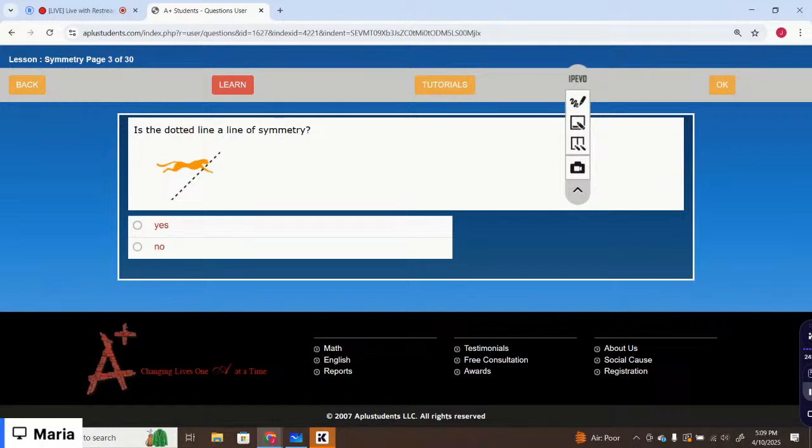Is the dotted line a line of symmetry? No, the dotted line is not a line of symmetry. Option number two is the correct option.